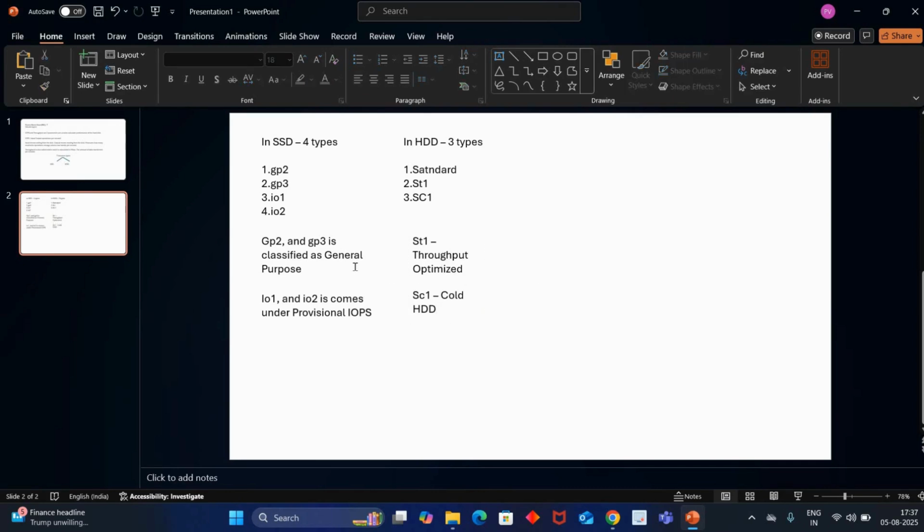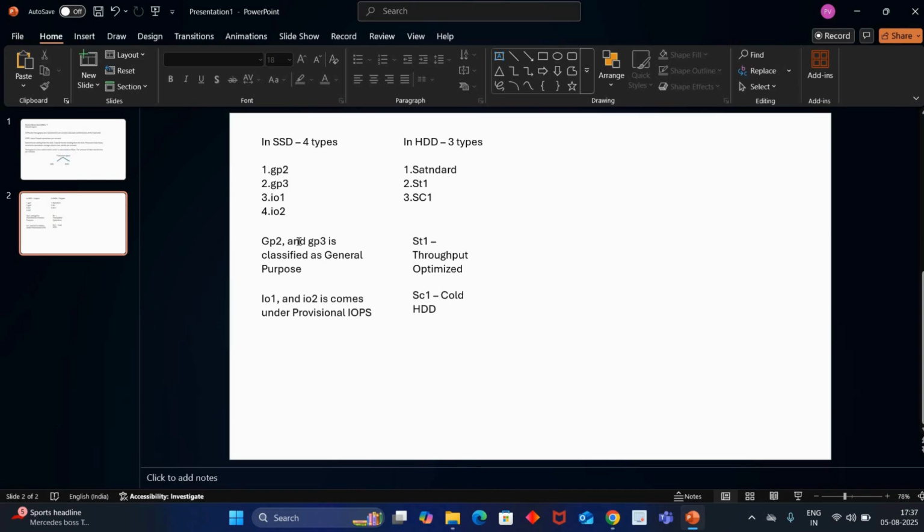GP2 and GP3 come under general purpose, so for use cases like developing a basic web server, we can use GP2 and GP3 volumes.